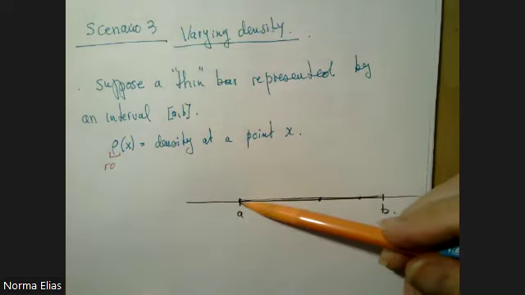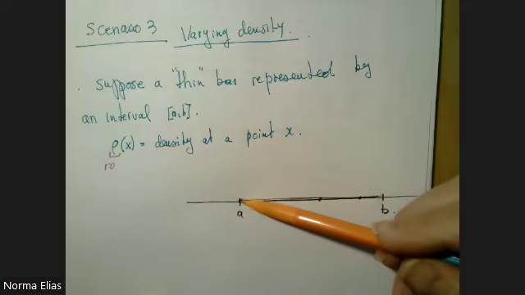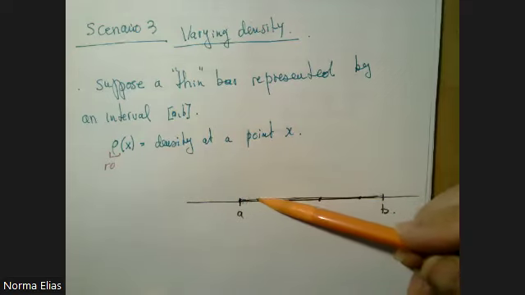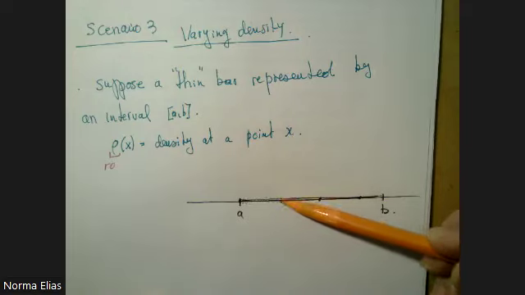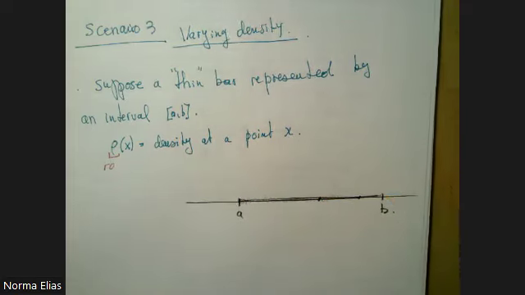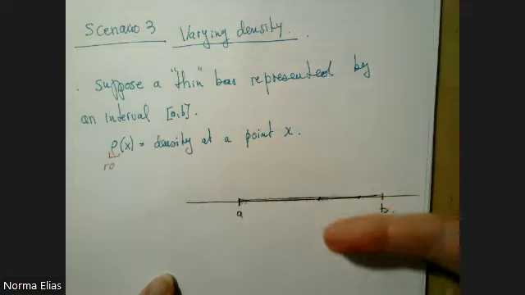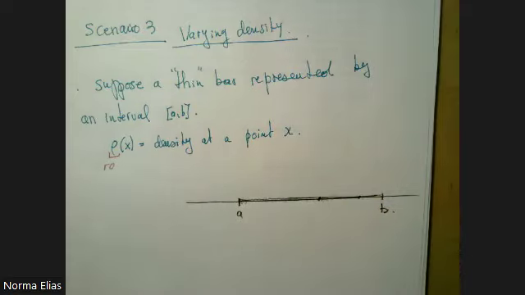Imagine you have a wire and you wrap the wire around this thin bar, and as you wrap it, you wrap it tighter and tighter. So the density is continuously changing because the wire is getting thicker and thicker. And the question in this scenario is, what's the mass of the bar?